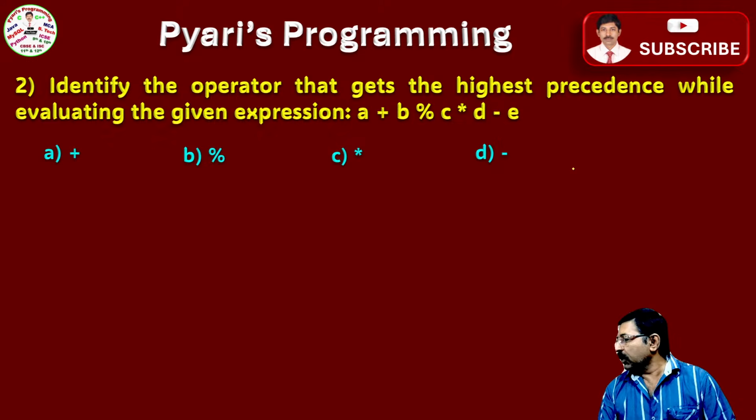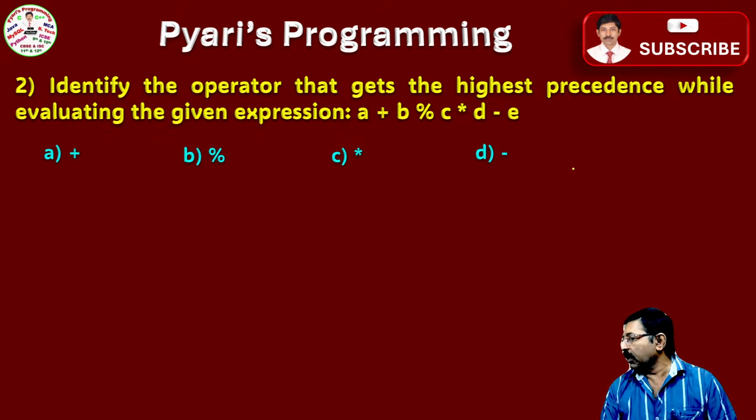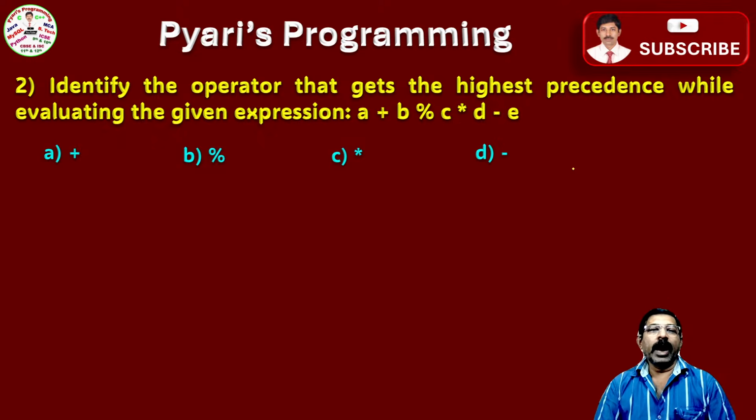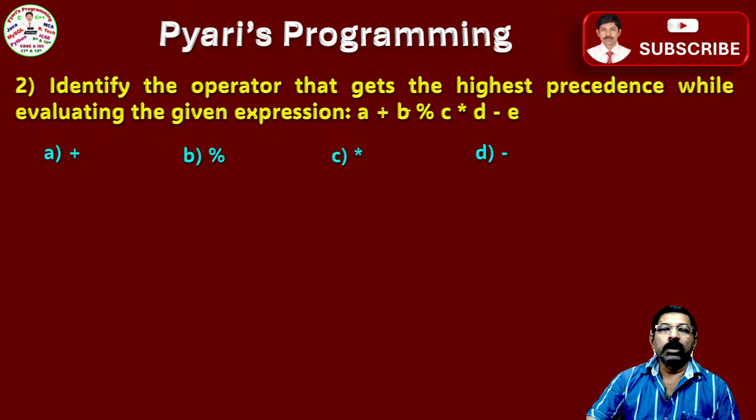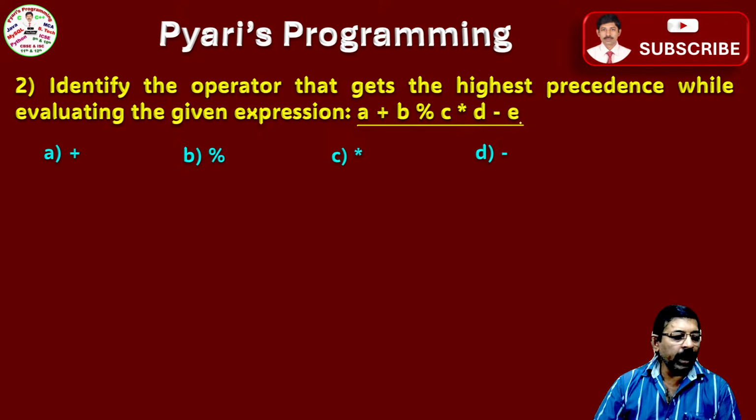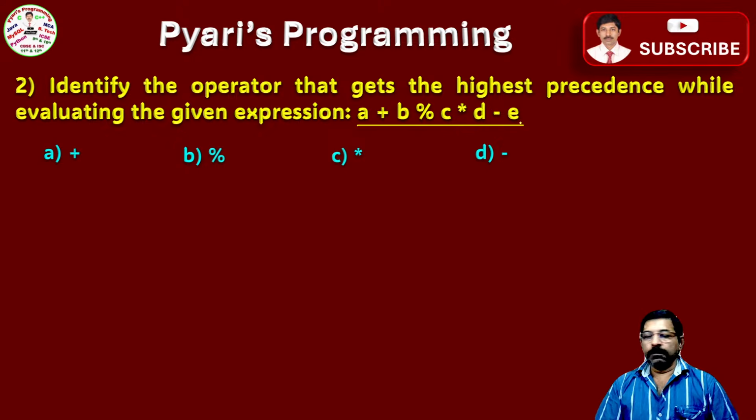Now, after the explanation, I think yes, Ayushman has changed his answer. Identify the operator that gets the highest priority while evaluating the given expression. Only concentrate on this expression and tell me the highest priority, the operation which will be done first.